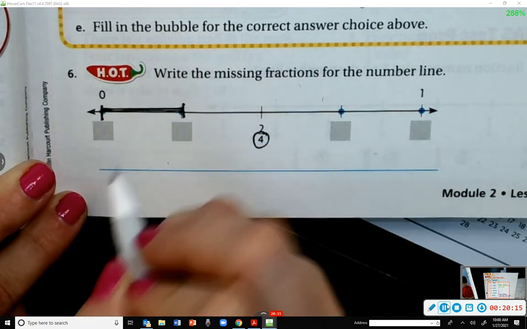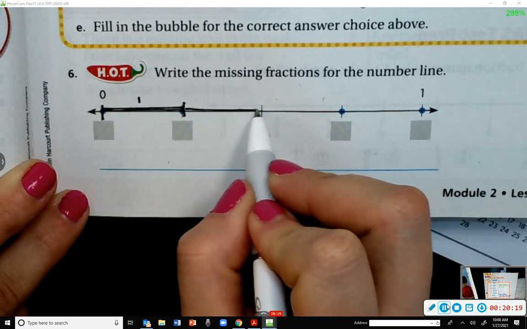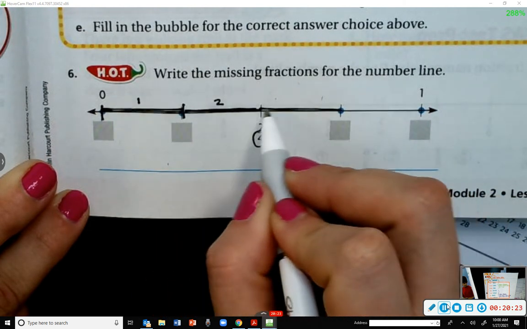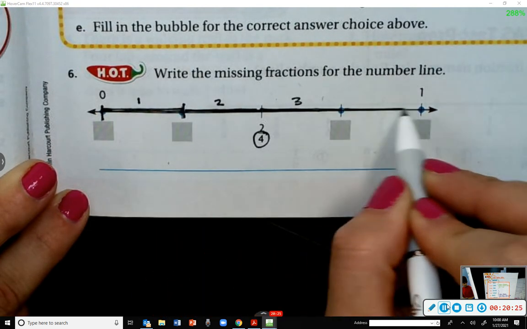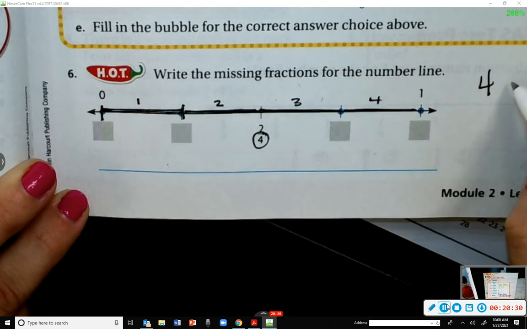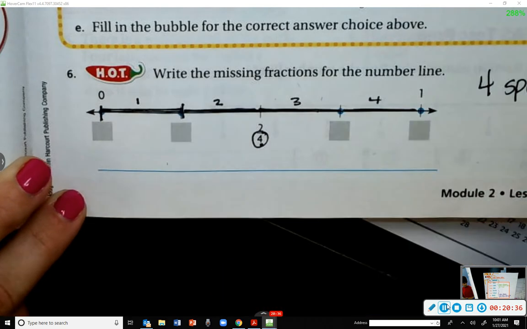No, just one space. From here to here is 2. 3 spaces, 4 spaces. So since I counted 4 equal spaces or 4 parts, then your denominator becomes 4.